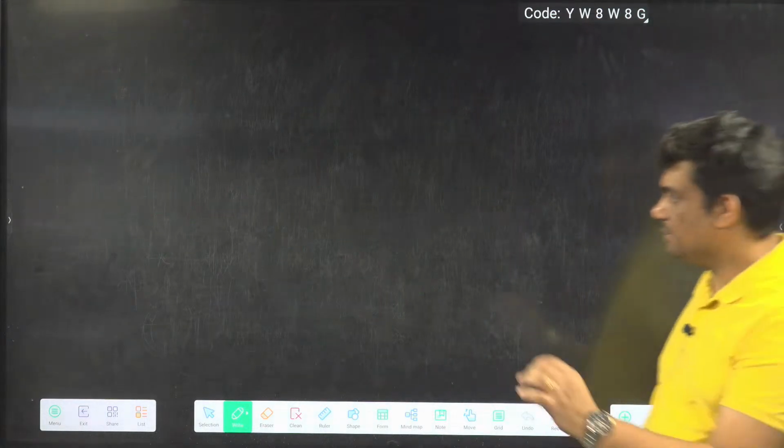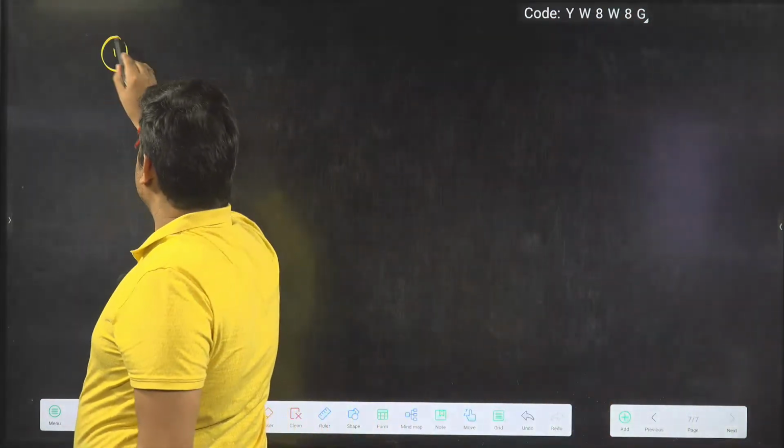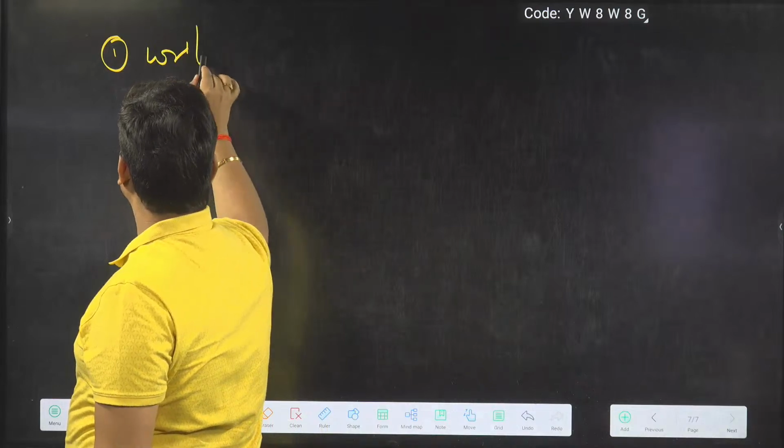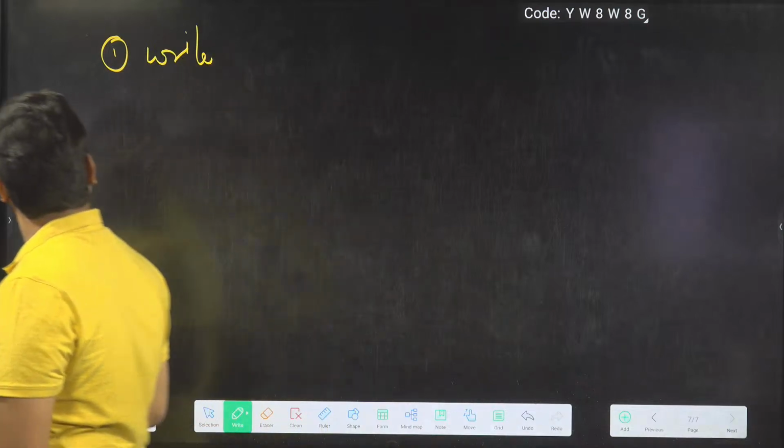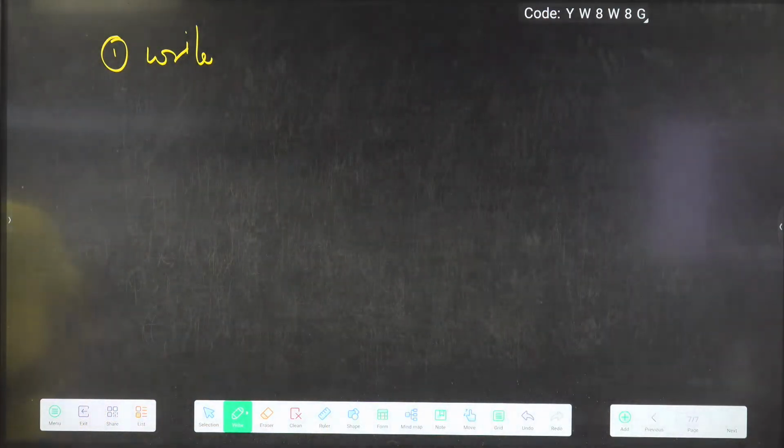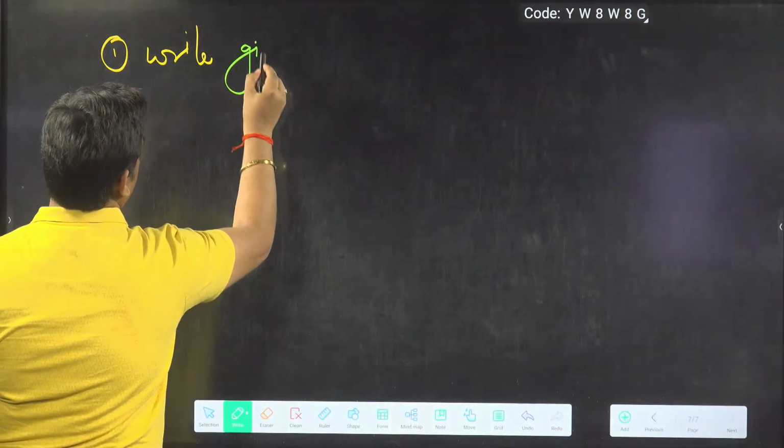Rule number one is basically to write the given angle, whatever angle is given to you.